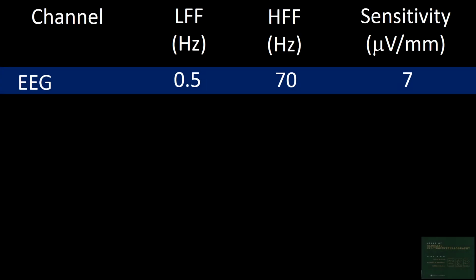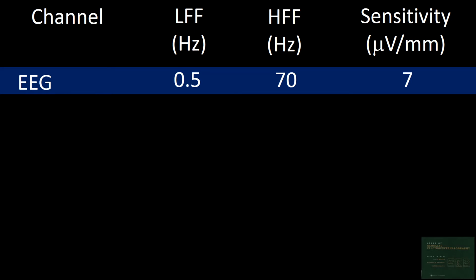The electrodes we have just mentioned, as well as other electrodes placed on the scalp using the 10-20 system, should be run using a low frequency filter of 0.5 Hz instead of the 1 Hz as recommended for older patients.